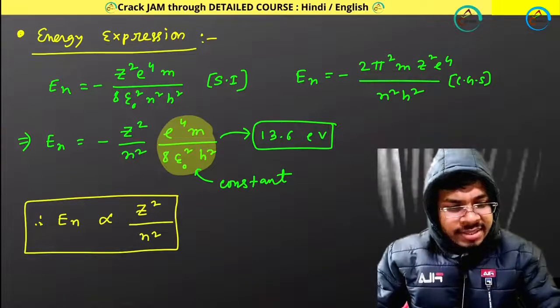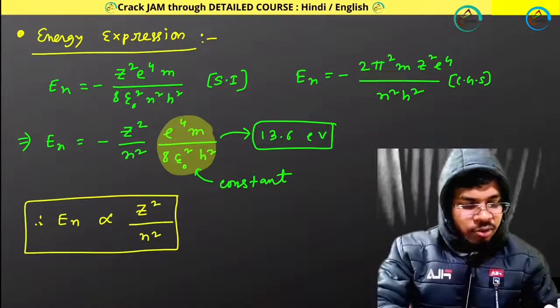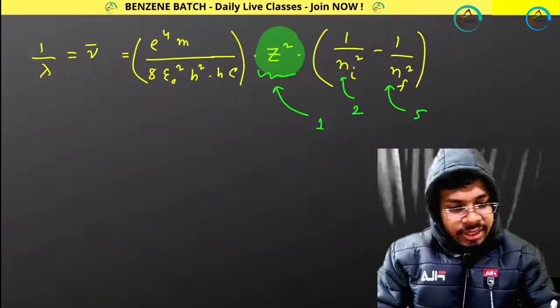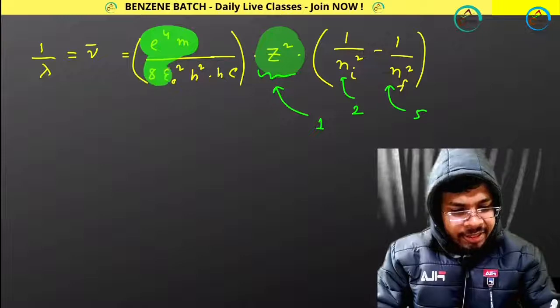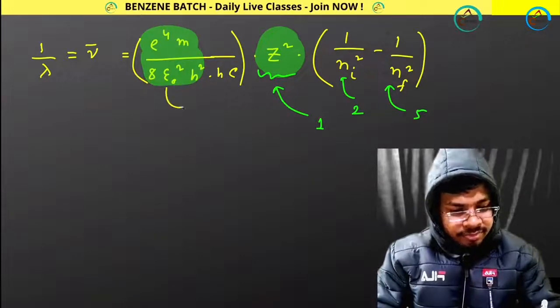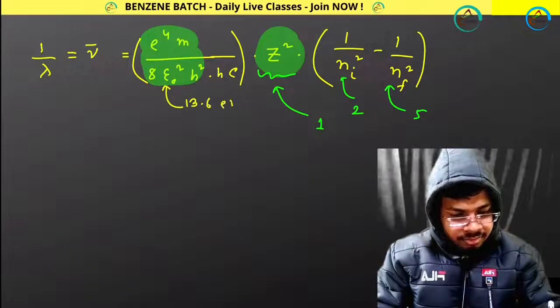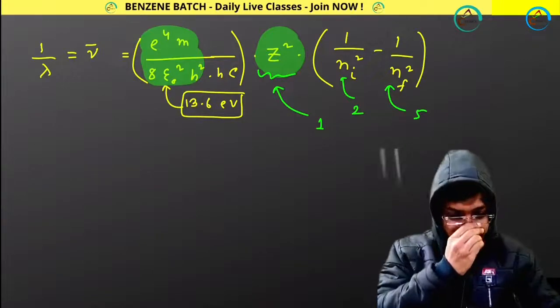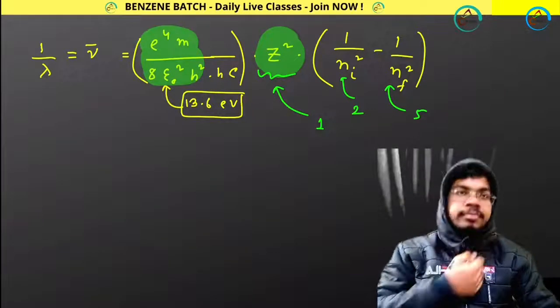So I will be utilizing this phenomenon. If you look at e to the power 4 m by 8 epsilon naught h square, this part would have the same value.